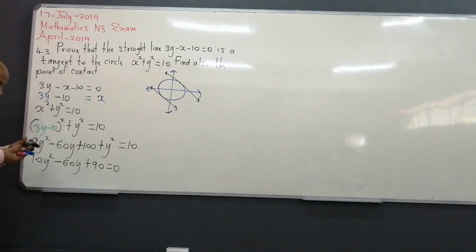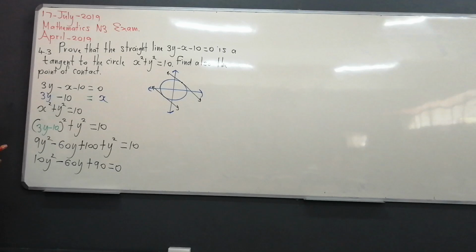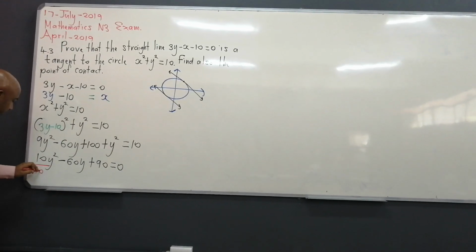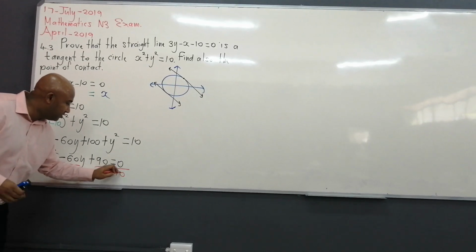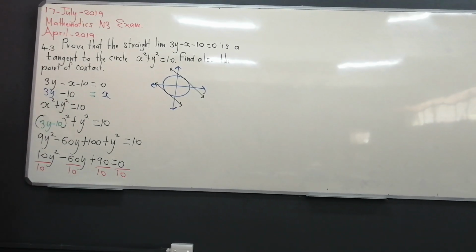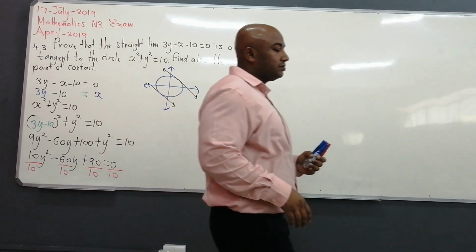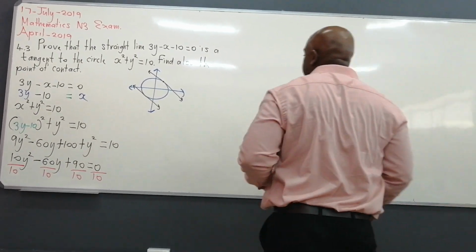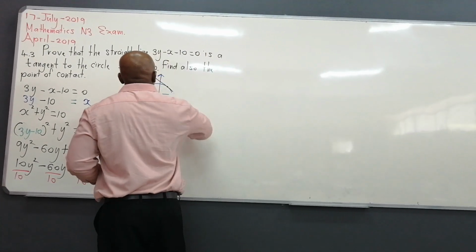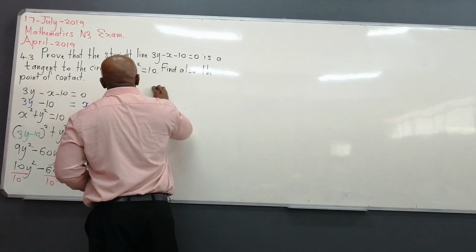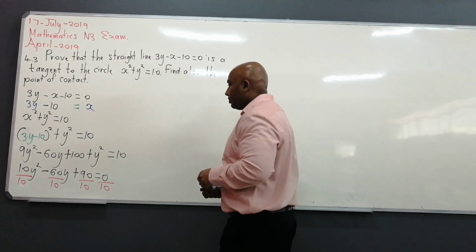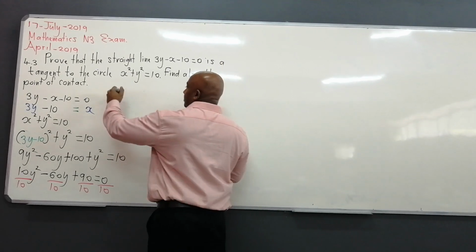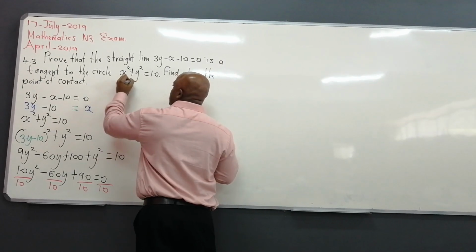So if I divide by 10, divide by 10, divide by 10 there, divide by 10, let's see what happens. So 10 over 10, that will just give me 1y squared.